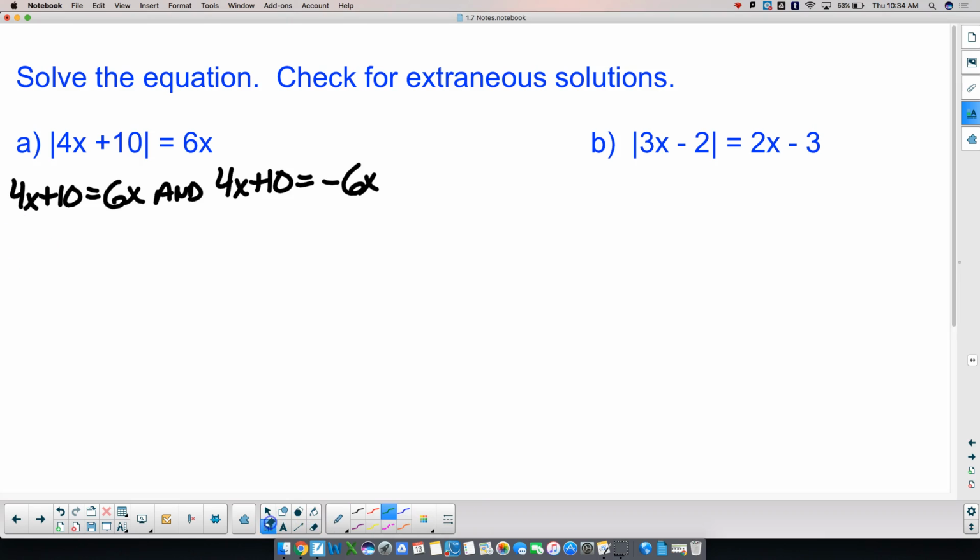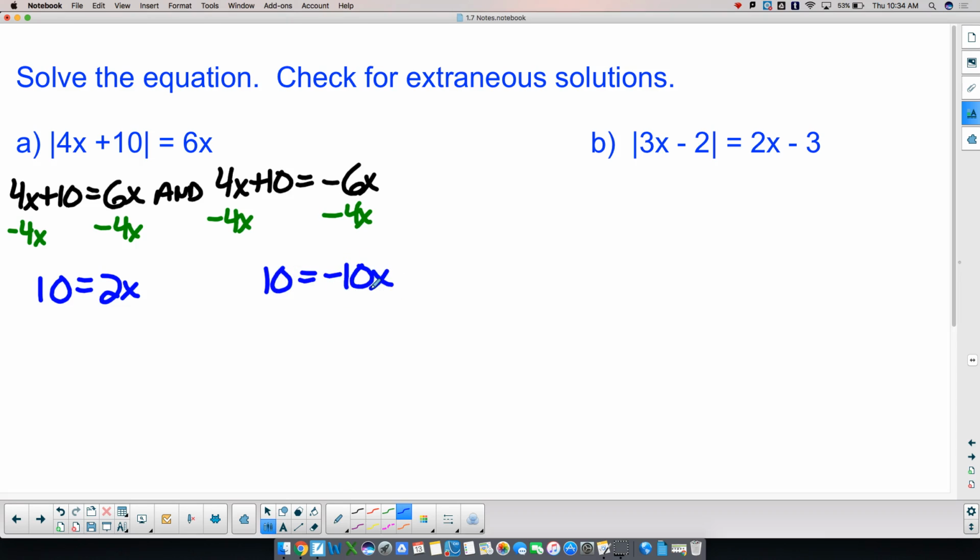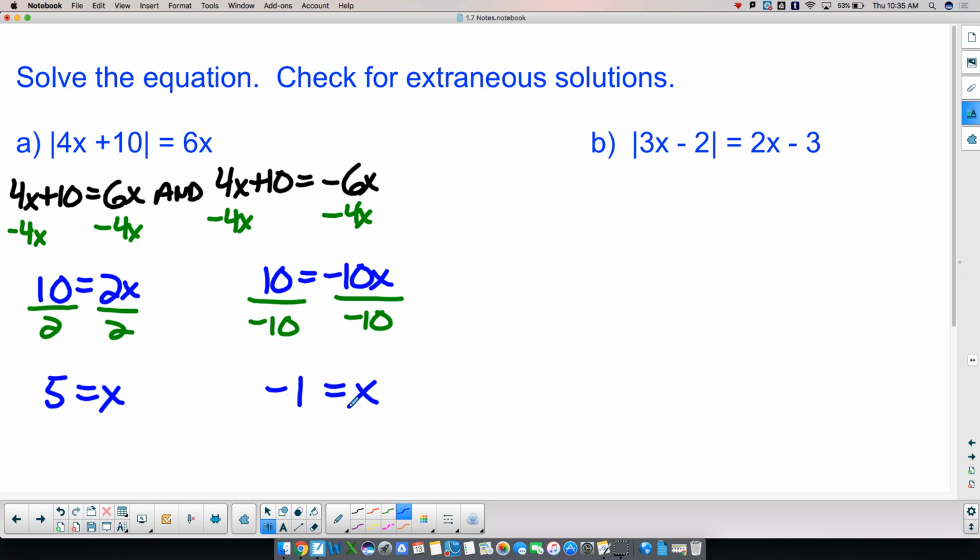Subtract 4x. That gives us 10 equals 2x and 10 equals negative 10x. Divide by 2. Divide by negative 10. 5 equals x. Negative 1 equals x.